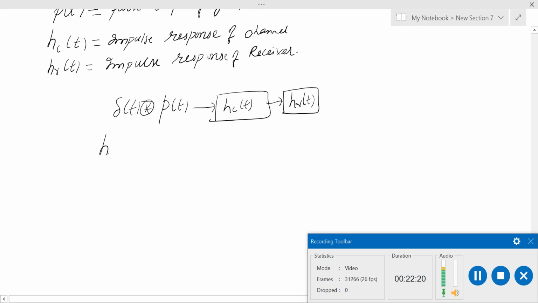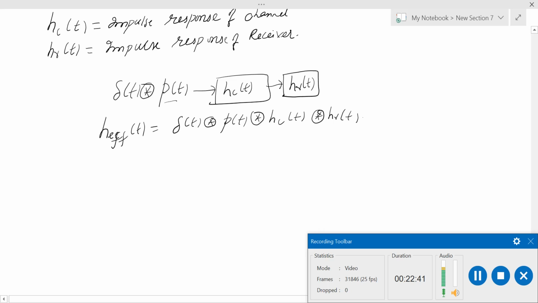It means that H effective of t will be delta of t convolved with the pulse function, then convolved with hc of t, and then convolved with hr of t. Now see, convolution of p of t, hc of t, hr of t is clear because it's a usual signals and systems concept.